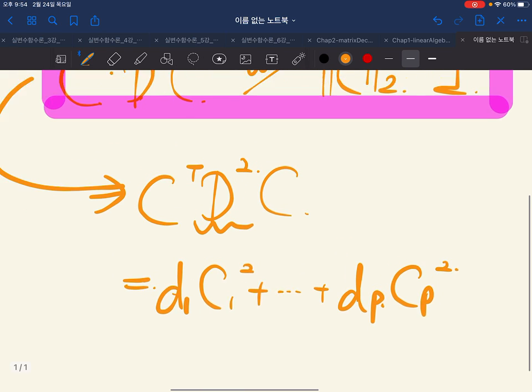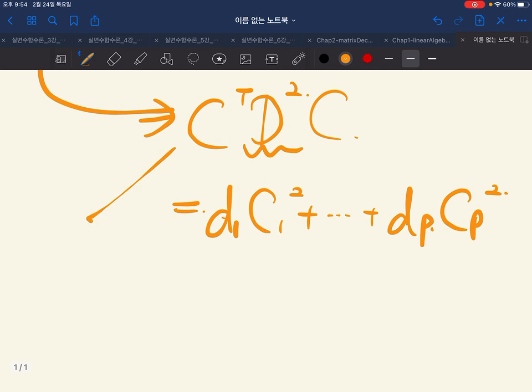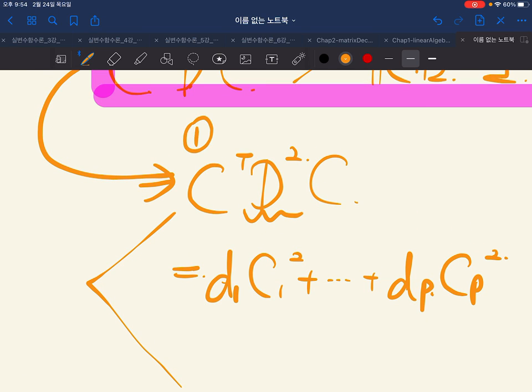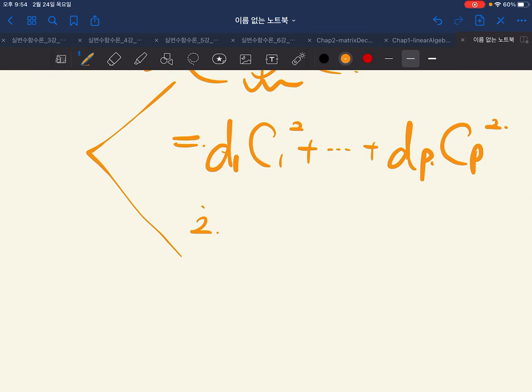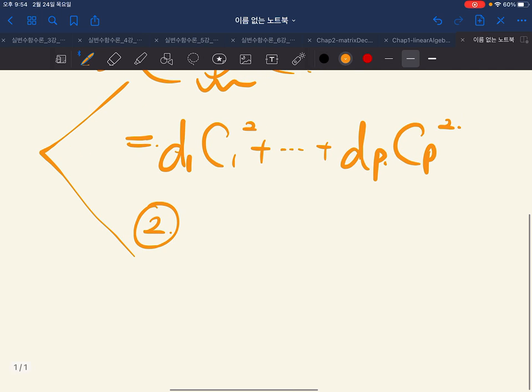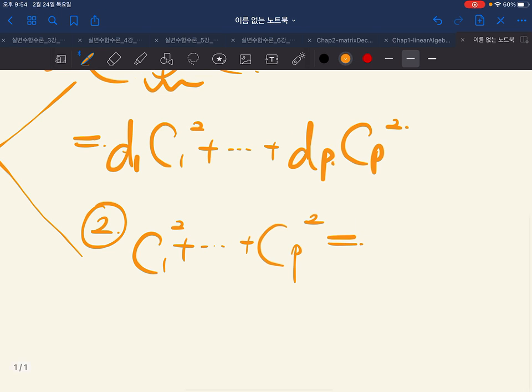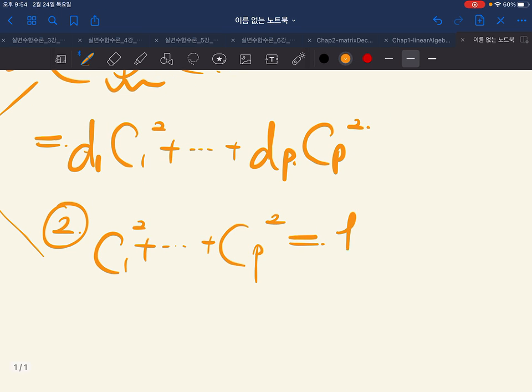So what we're trying to maximize is this, and there's a constraint that c1 squared plus ... cp squared equals 1.